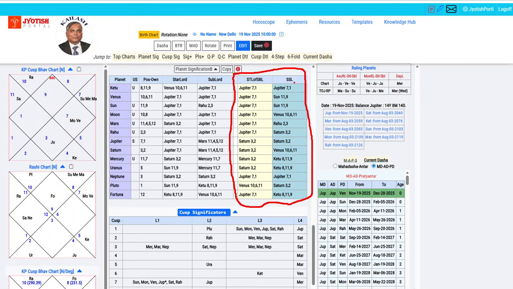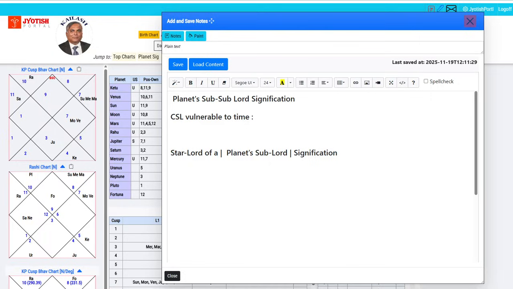So let's first see why this sub-sublord signification is required. If you are not making use of the cuspal sublord because they are very vulnerable to small time differences, and in many of my videos I have strongly recommended that for the birth horoscope you should not make use of the cuspal sublord.